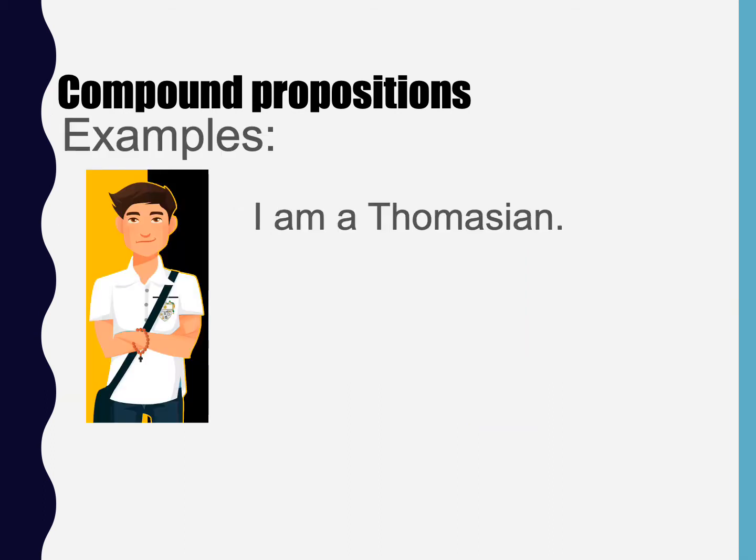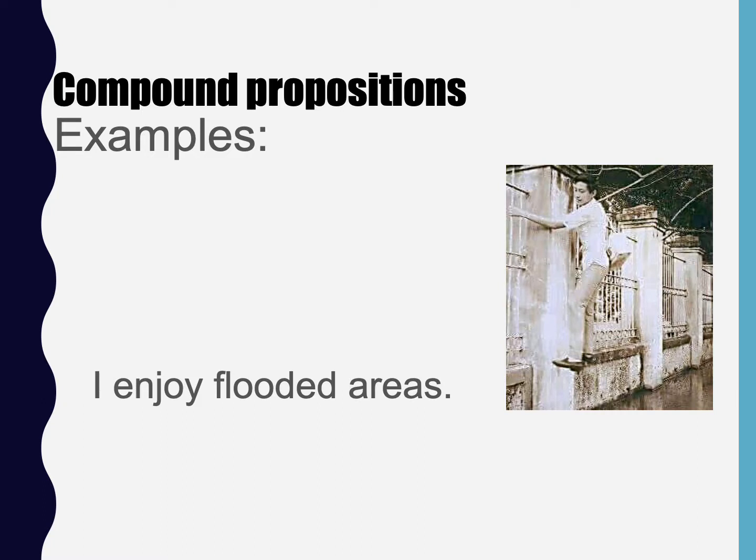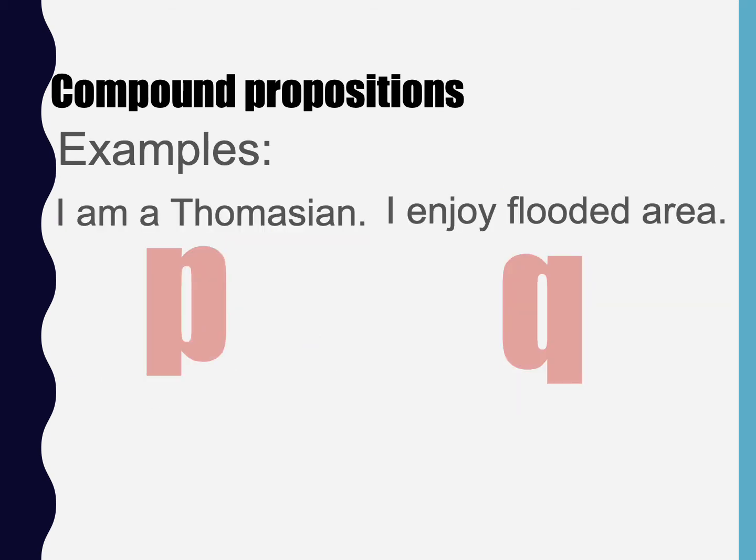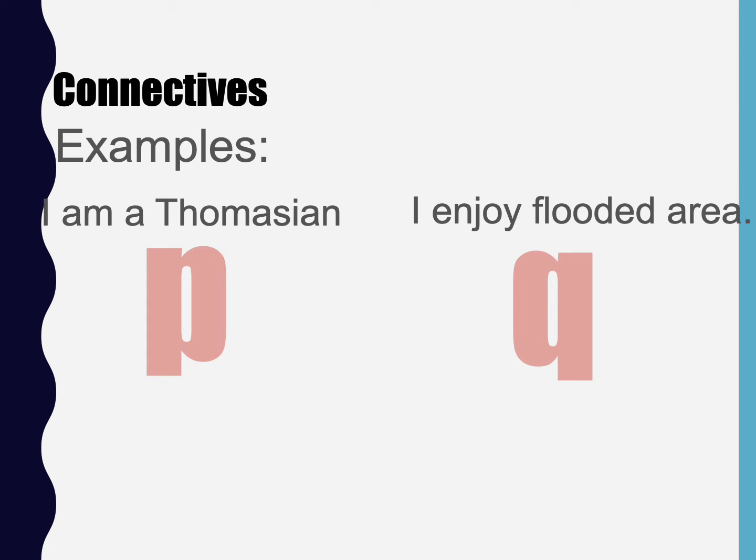For example, let the proposition "I am a Tomasian" be noted as P, and the proposition "I enjoy flooded areas" be written as proposition Q. Now, combining these two simple propositions can be written as the following. You can write it as "I am a Tomasian and I enjoy flooded areas."